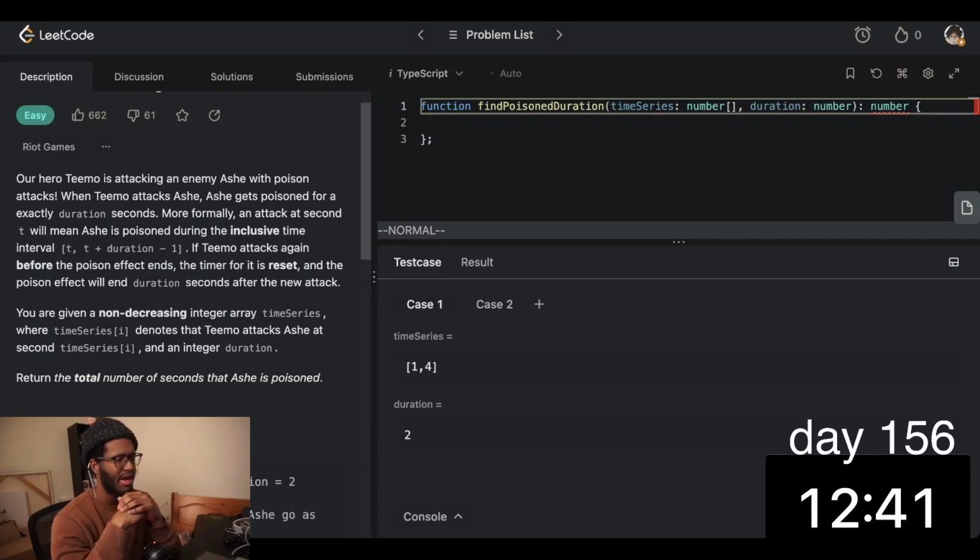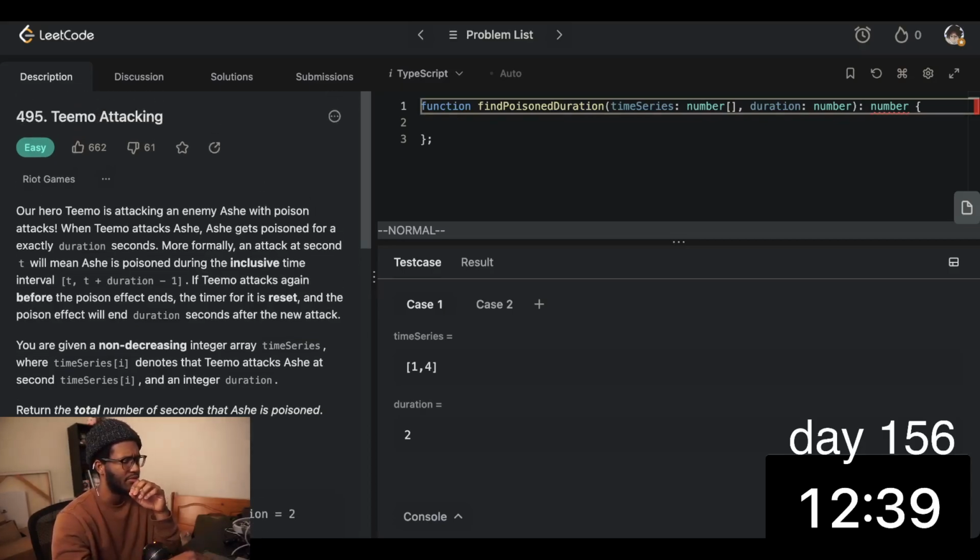I think I figured out how to do this problem. The question I'd be curious about is, if the duration of the poison is 2 seconds, and she's attacked at second 1, presumably the poison would end at t equals 3.